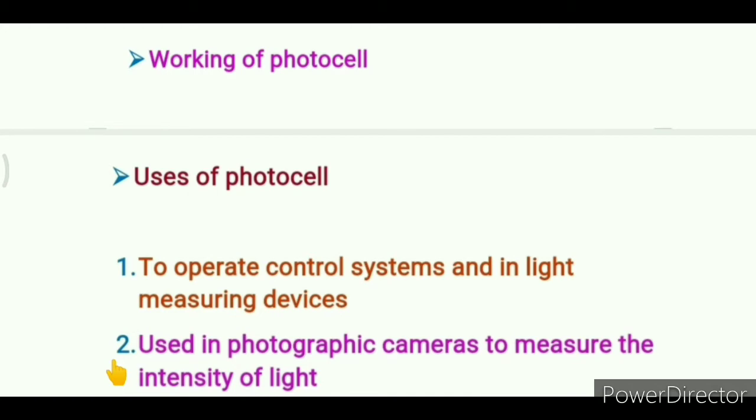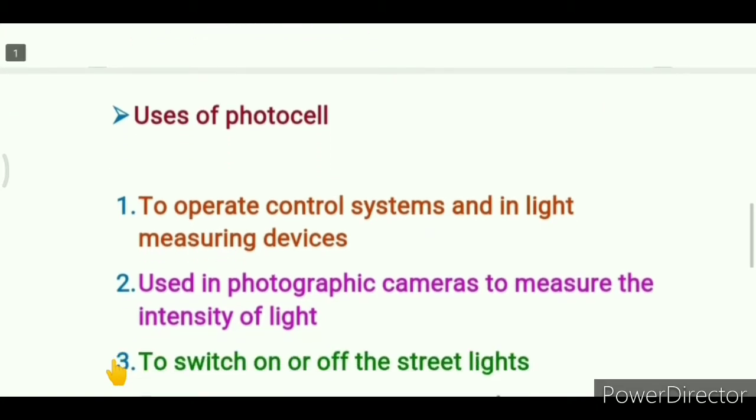Next, light meters in photographic cameras make use of the photocell to measure the intensity of light, and also the photocell can be used to switch on or off the street lights.